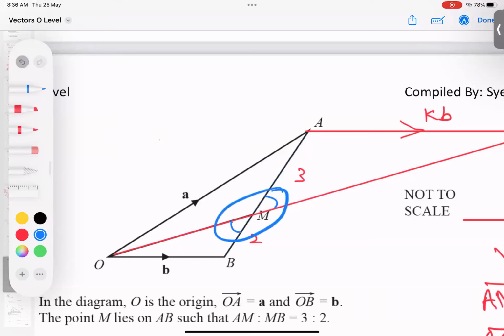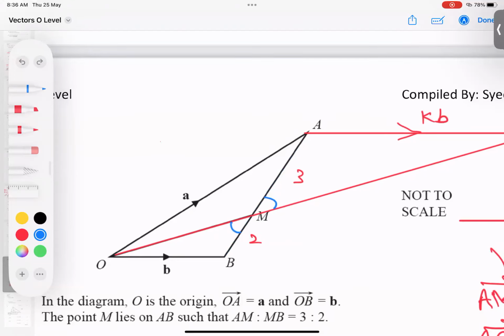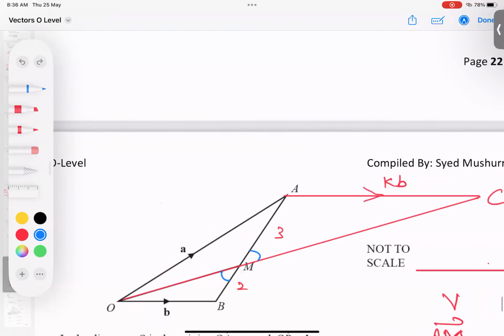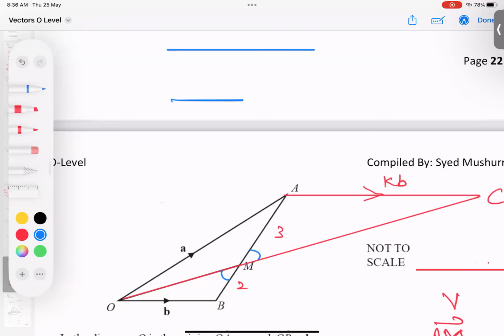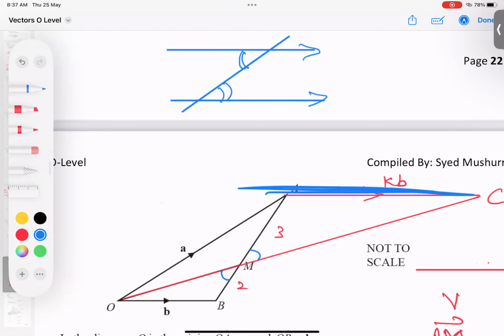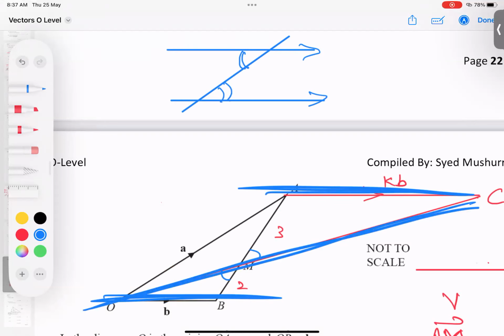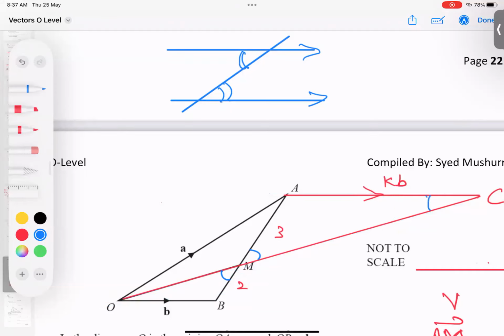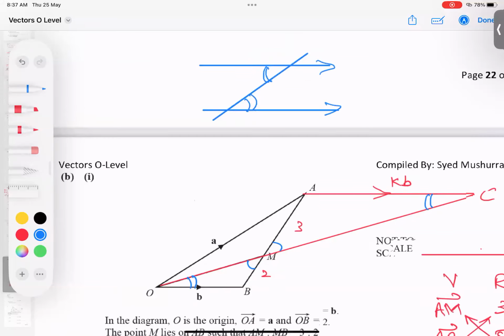Second, whenever two vectors are parallel to each other and a line cuts them, this angle and this angle are equal. So this line is parallel to this line and a line cuts. So this angle is equal to this angle. And I believe this point is very clear.